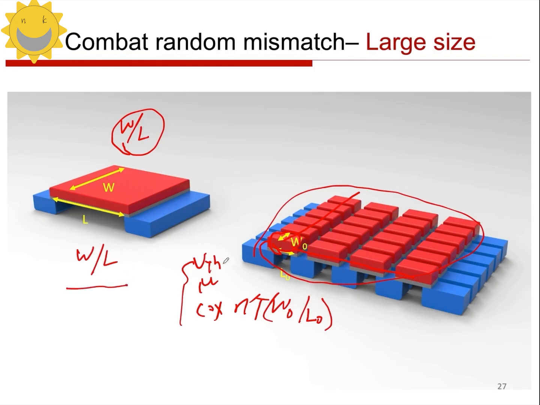Now, during this addition process, the relative percentage of the deviation is gradually decreasing. As the number of decomposed components increases, the percentage of deviation of these parameters gradually decreases. This is why a relatively larger area can lead to a smaller mismatch.